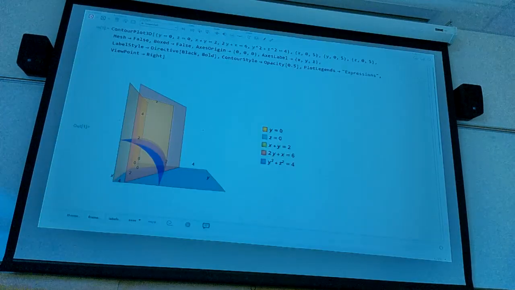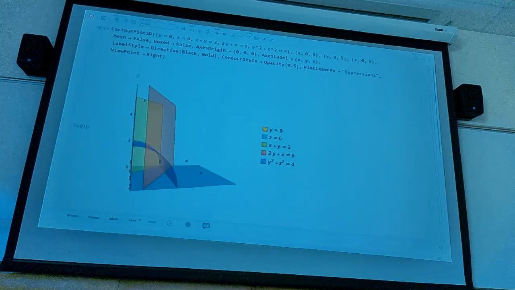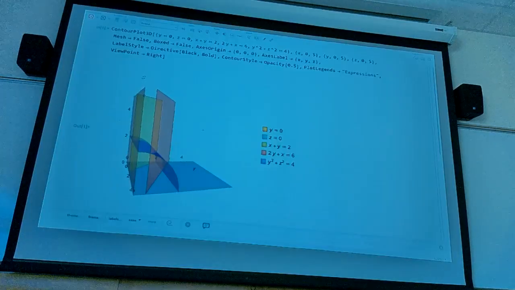Good, I don't need to adjust it. Let's just see if we can rotate it a little bit to get a better idea of what we're looking at. That should be good.